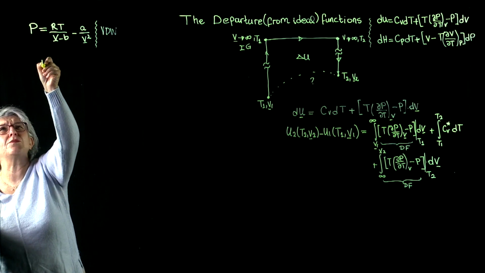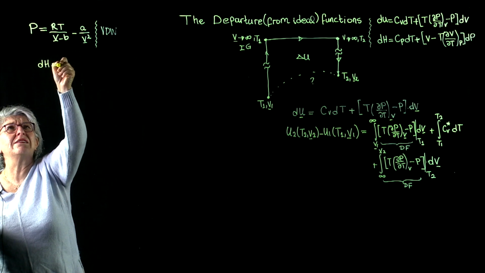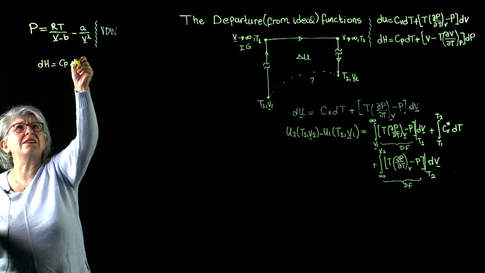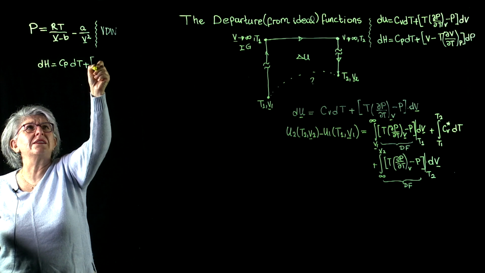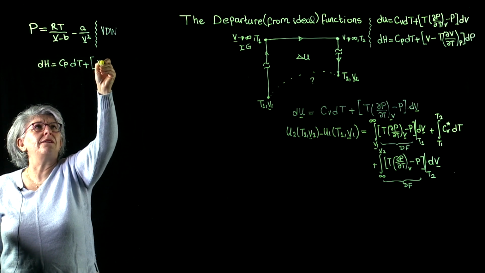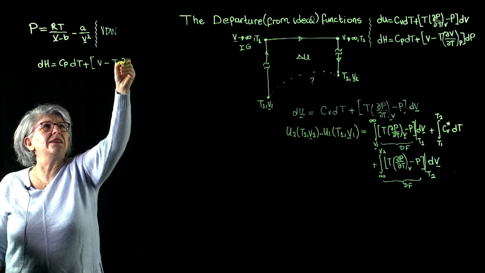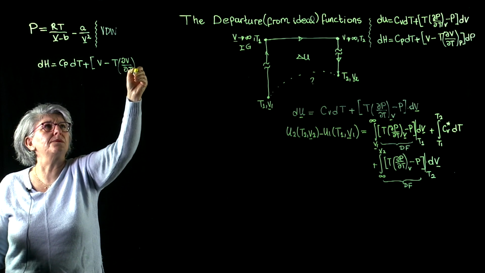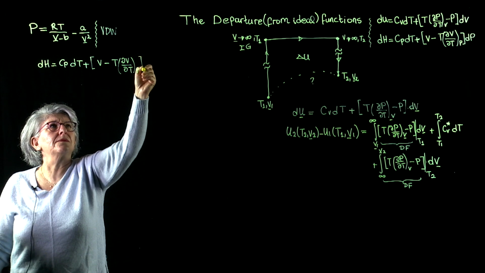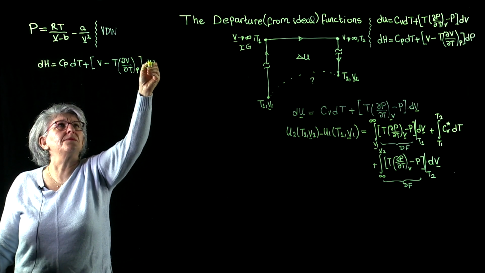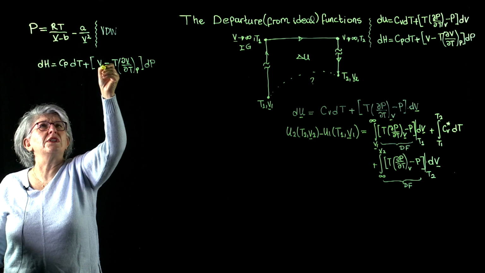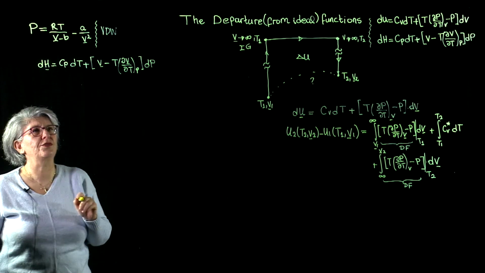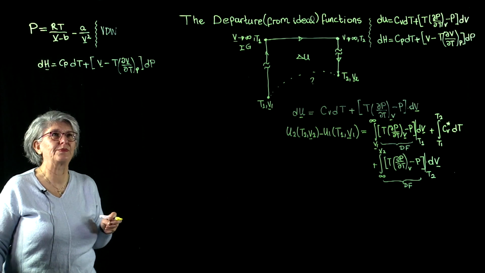So let's start from dH, which is Cp dT plus V minus T del V over del T at constant P times dP. Of course, they all have underscores, they're per mole.